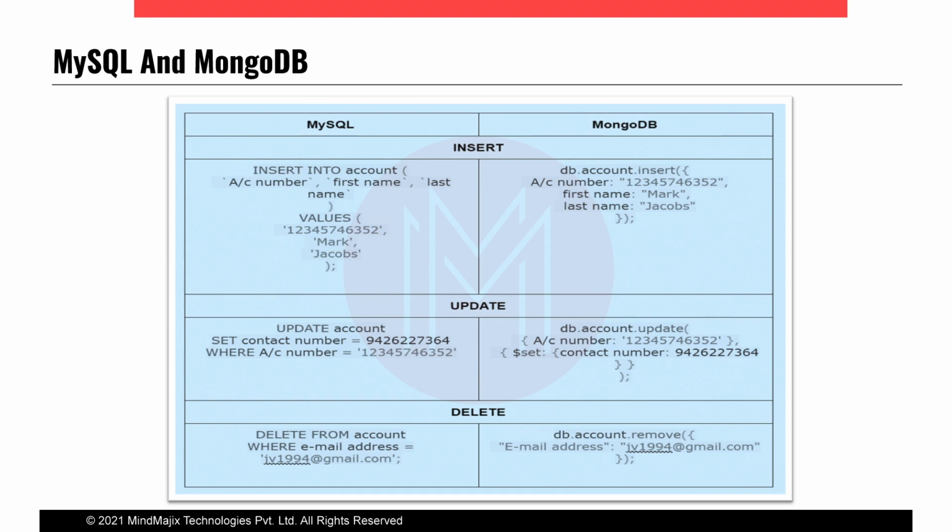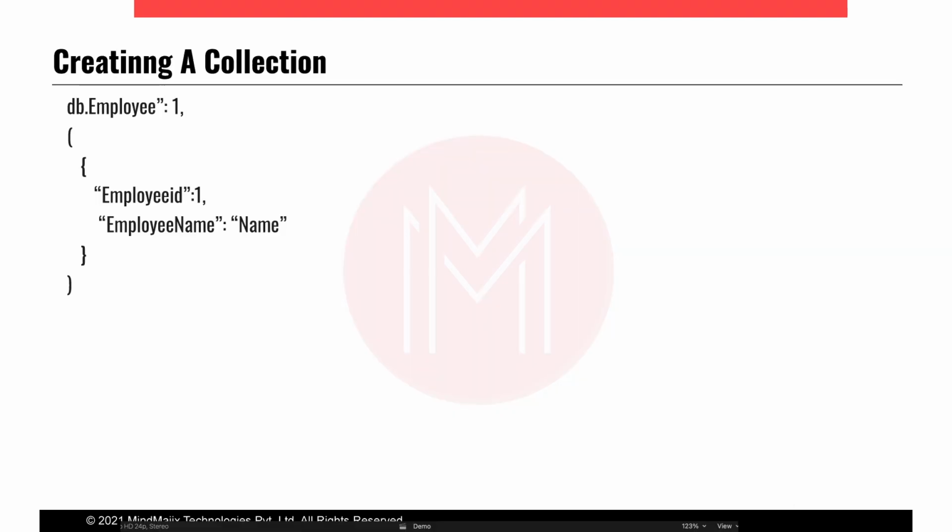So without creation, how to insert, update and delete? In SQL they need some additional step for creating, but MongoDB needs no additional step for creating the database collections. It is simply db.employee.